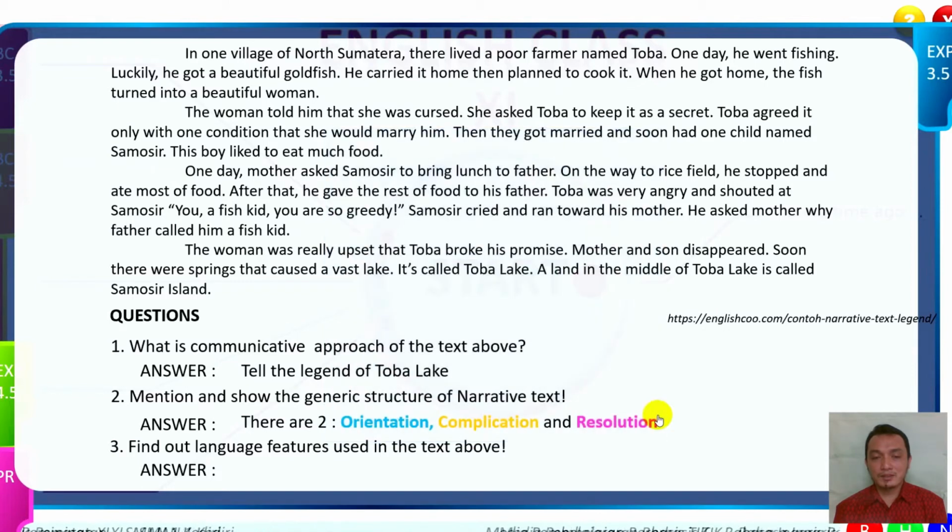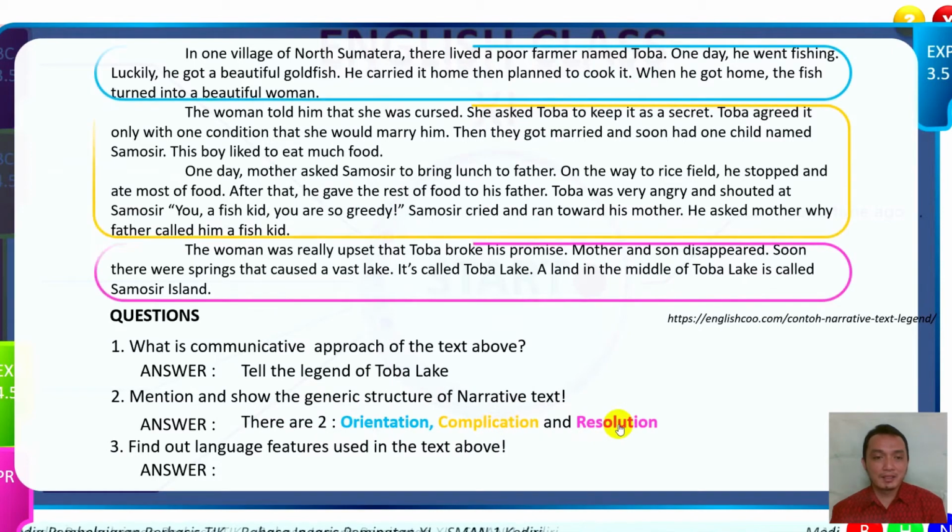But sometimes the story still continues. It could be a reorientation, an optional thing that you can put in it. So there are three parts of generic structure in narrative text: orientation, complication, and resolution. And where the place of orientation, complication, and resolution is, you can see on the screen here.